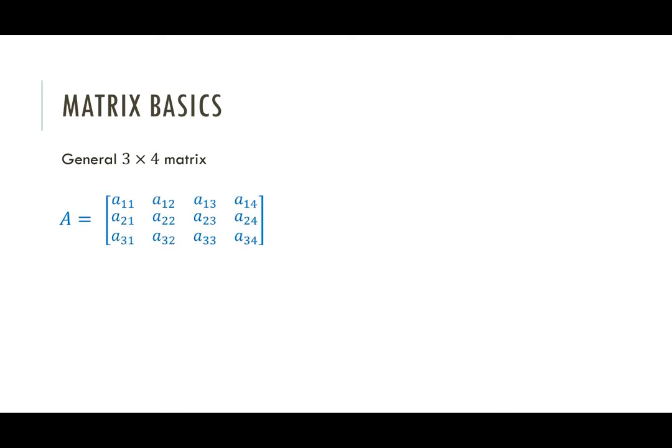All right, some more basics. Suppose you had a general 3 by 4 matrix. How can we talk about a general 3 by 4 matrix, like behind its back? Well, we give it some name, capital A, and then the entries in general are given the lowercase version of the letter, with indexes.